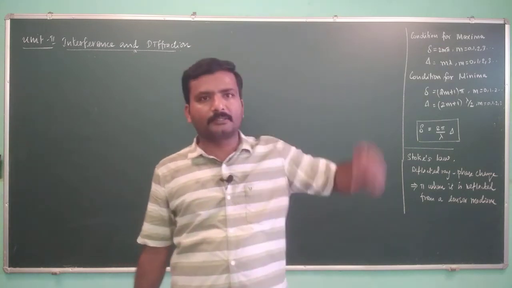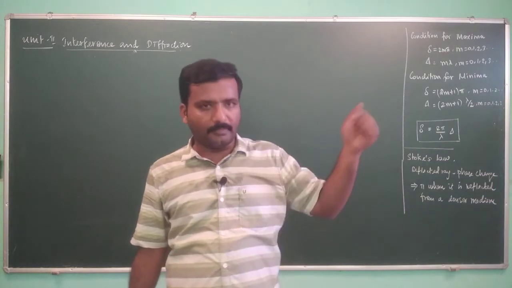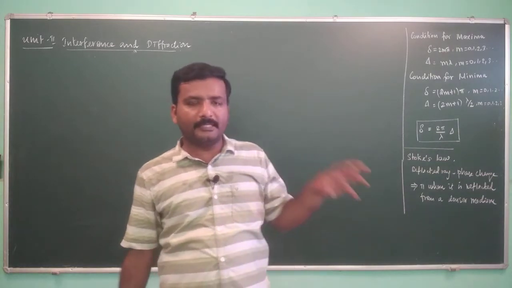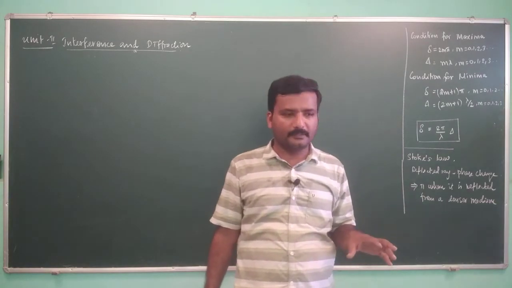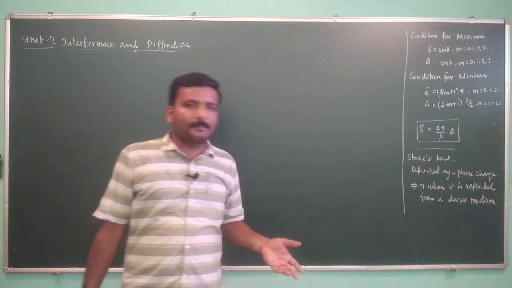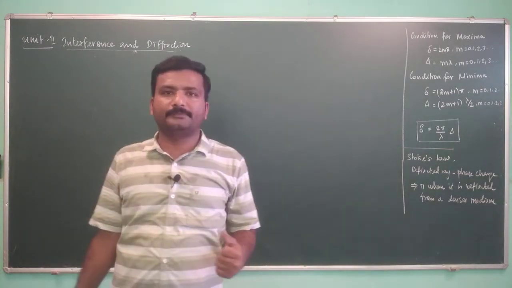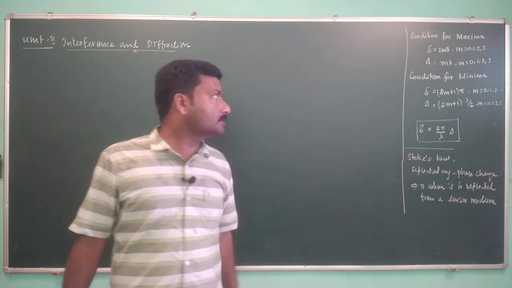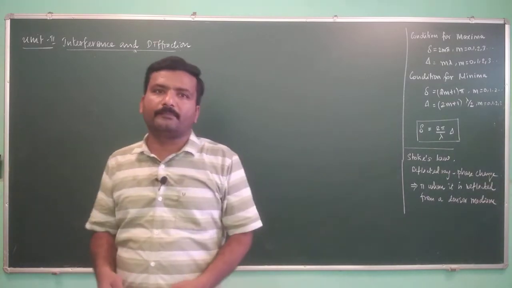When white light is made to be incident on this, it will create multiple colors, right? How does it occur? This can be explained using the phenomenon of interference and the concepts of the condition for maxima and minima, along with Stokes' law.